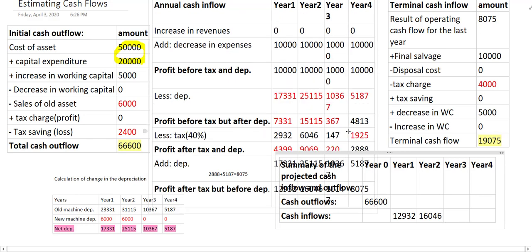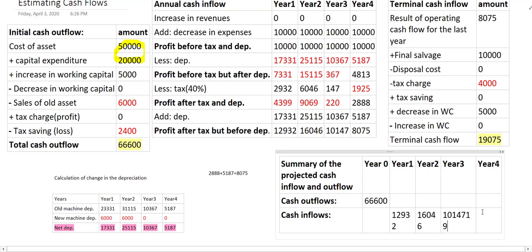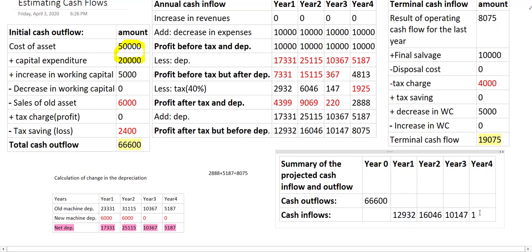Mention the inflow for the next year. This is the amount. And for the final year, please do not take this one. Instead of that, take this amount. How much is it? 19,025.